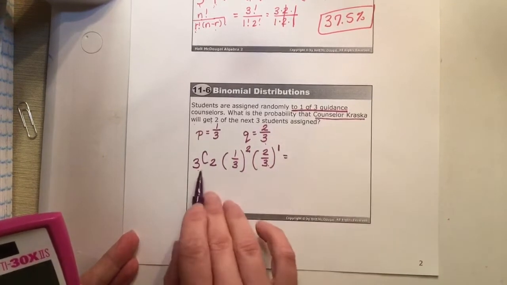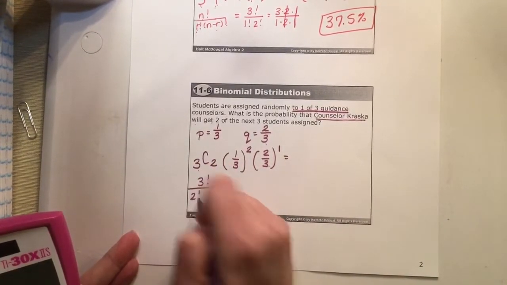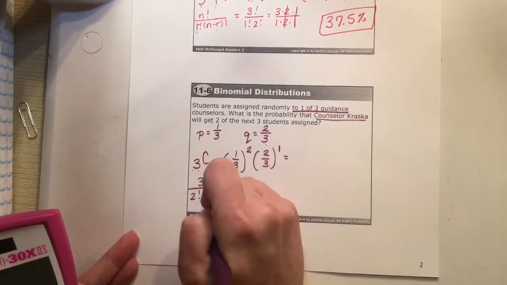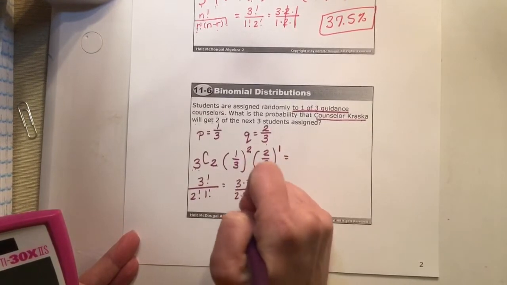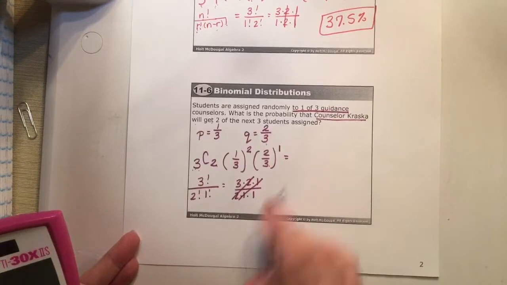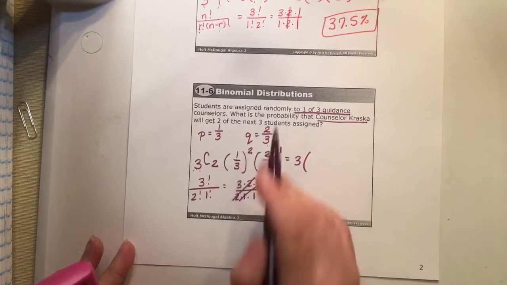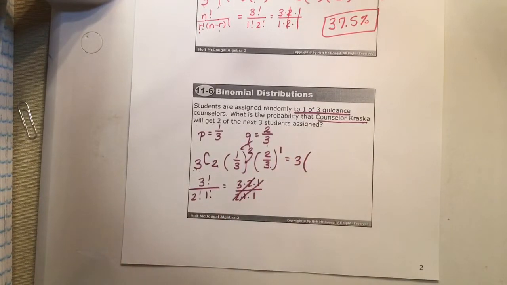Let's find the value of our combination. Outside factorial on the top, inside factorial on the bottom, then outside minus inside. 3 minus 2 is 1. So it's 3 times 2 times 1 over 2 times 1 and 1. 2 cancels 2, 1 cancels 1. 3 over 1 is 3. Now, if you square a fraction, you're actually squaring the top and the bottom.